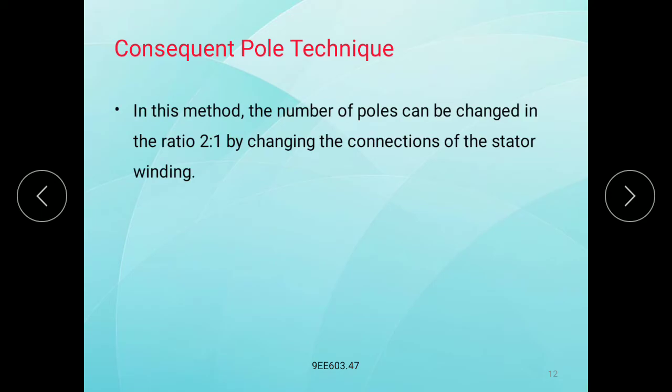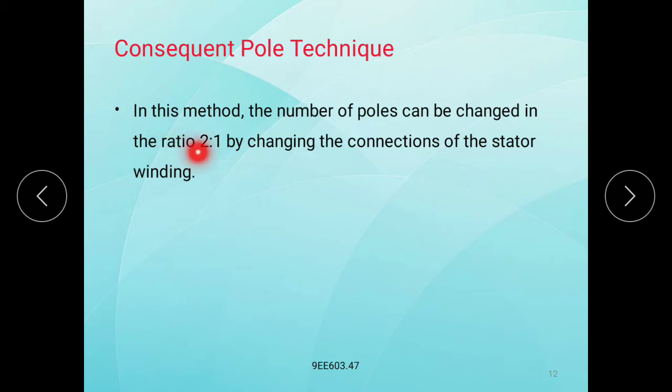Now, the consequent pole technique method. In this method, the number of poles can be changed in the ratio 2:1 by changing the connection of the stator winding.